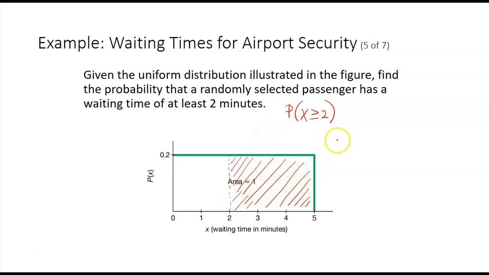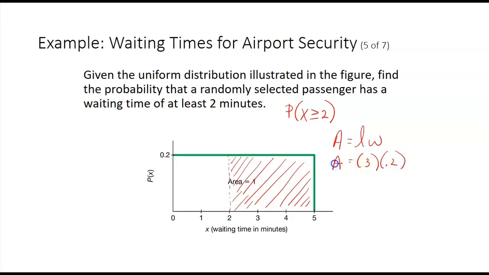So basically what I have to do is find the area of this shaded rectangle. Do an area as length times width. Okay. So looking at this rectangle here, my width, or whichever way you want to call it, this dimension here is going to be 3. And the vertical dimension on it is 0.2.